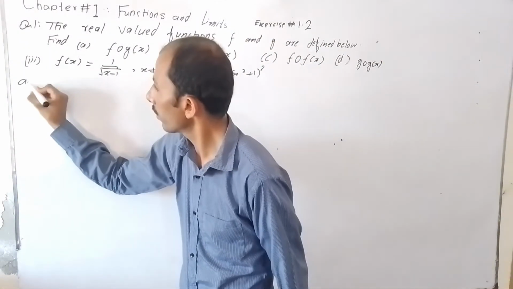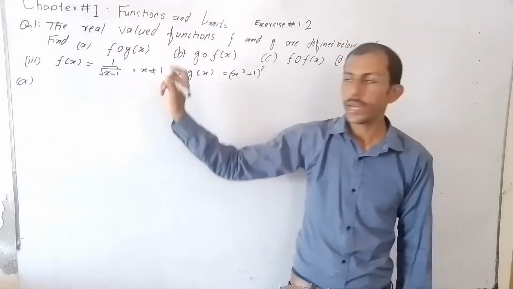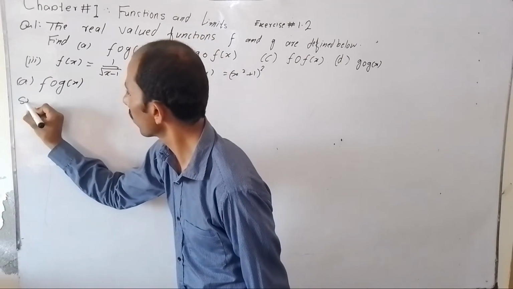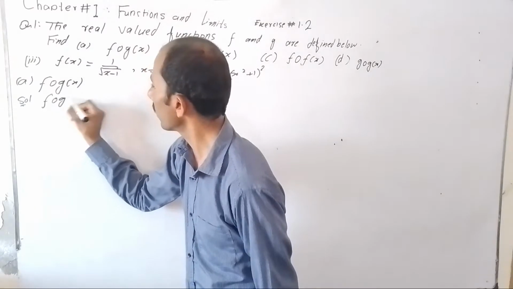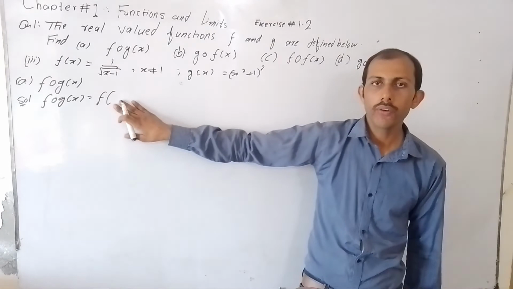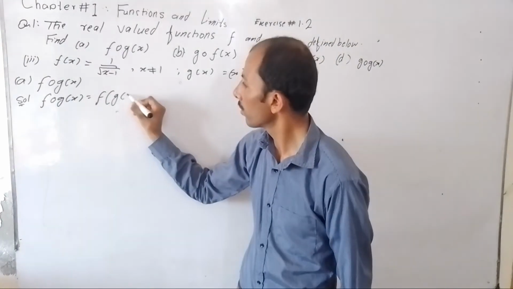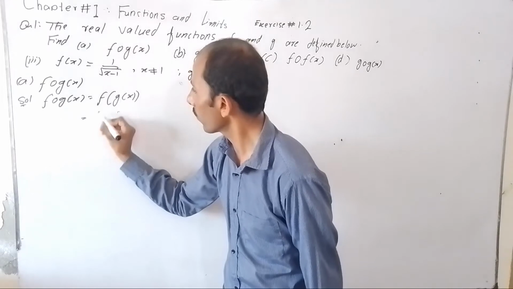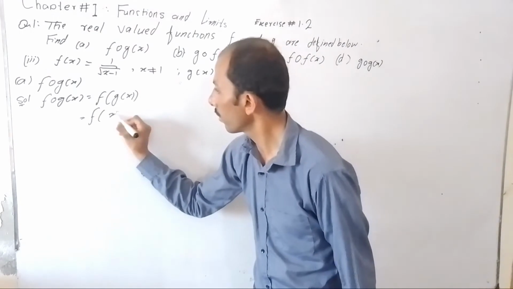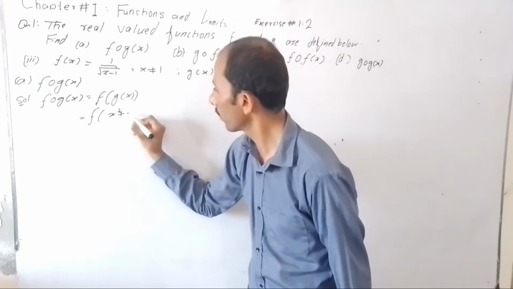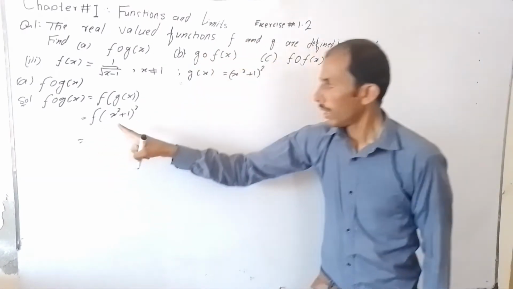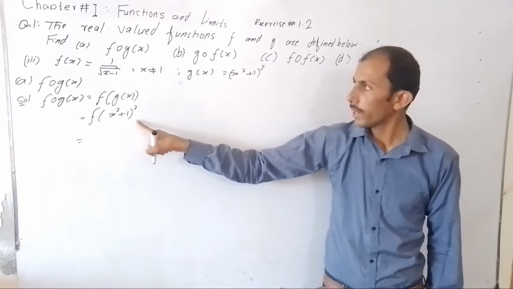First we solve f of g of x. f of g of x can also be written in the form f into g of x, which is f of (x square plus 1) whole square.